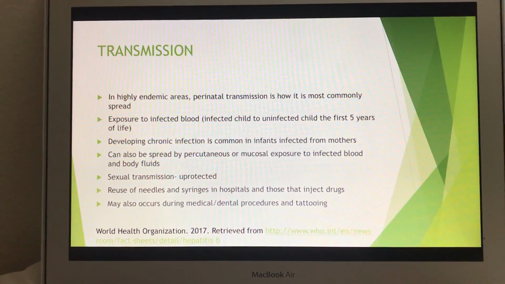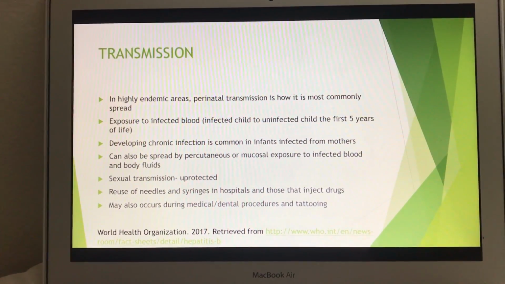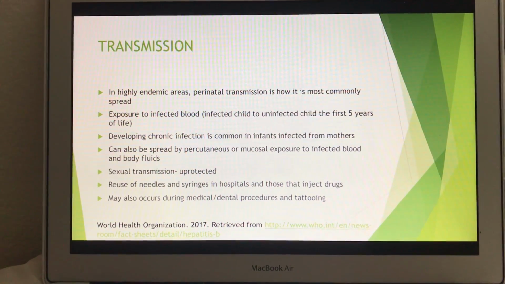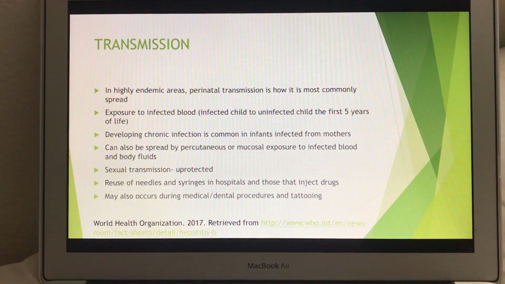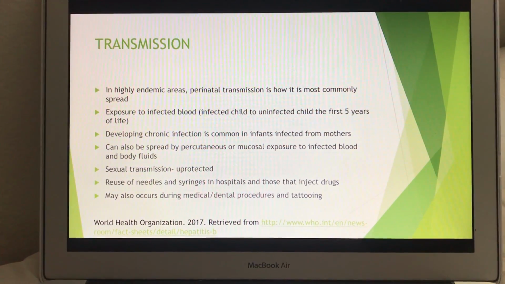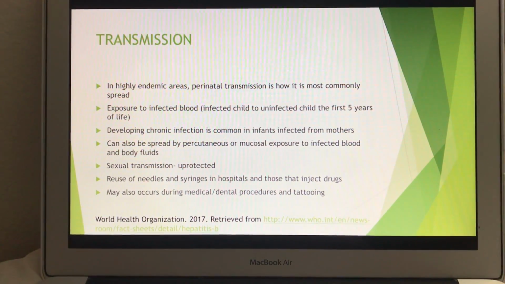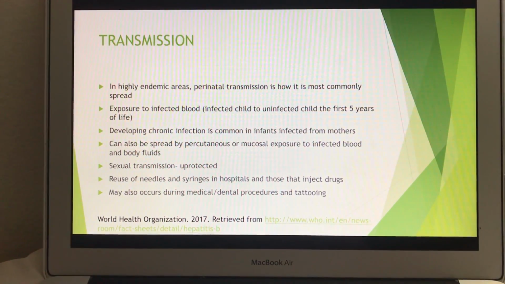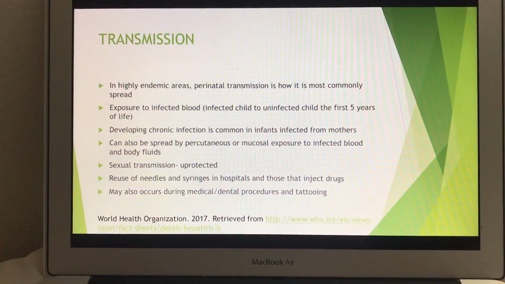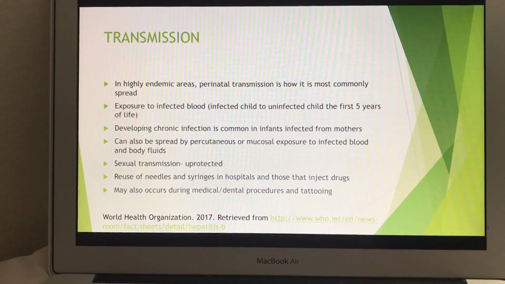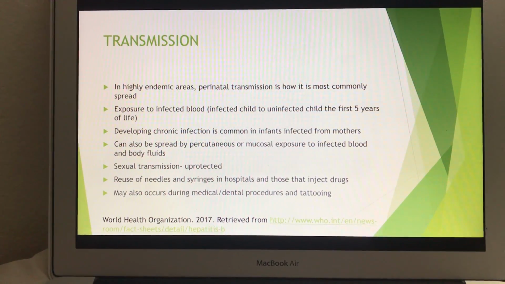Transmission. In highly endemic areas, perinatal transmission is how it is most commonly spread, as well as exposure to infected blood, from an infected child to an uninfected child in the first 5 years of life. Developing chronic infection is common in infants infected from mothers. It can also be spread by percutaneous or mucosal exposure to infected blood and bodily fluids.